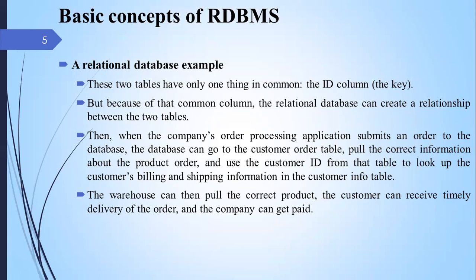So that can be found from this particular relation. When another table is related to the previous table with a particular key, it is called a relation between two tables. The warehouse can pull out the correct product, the customer can retrieve timely delivery of the order, and then the company can get paid.